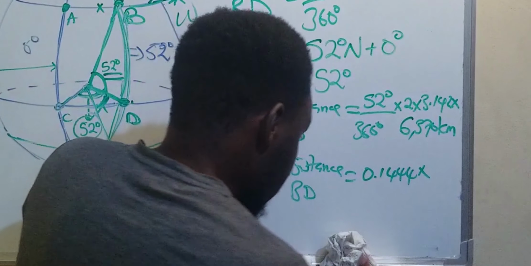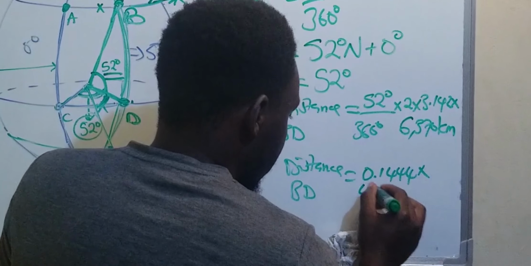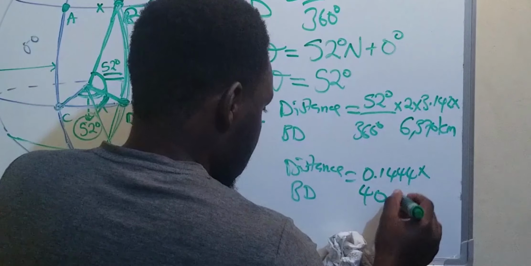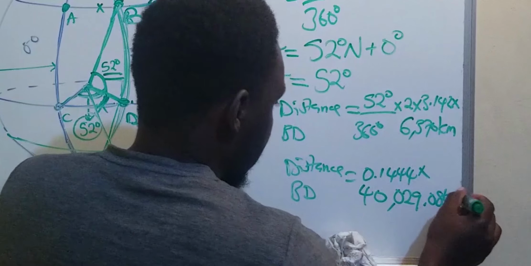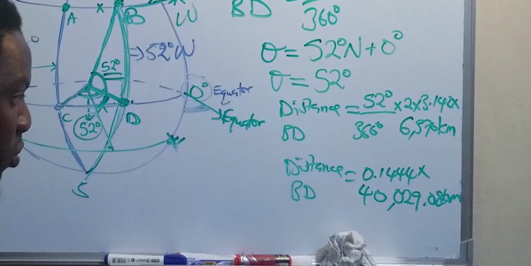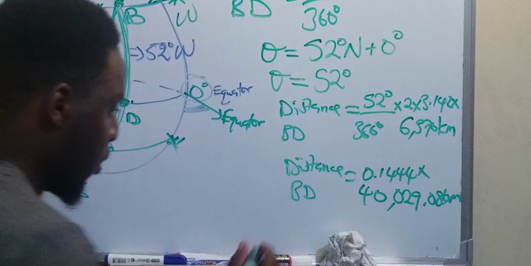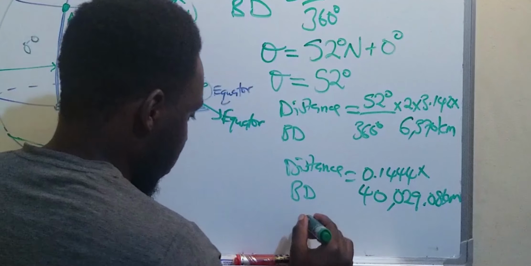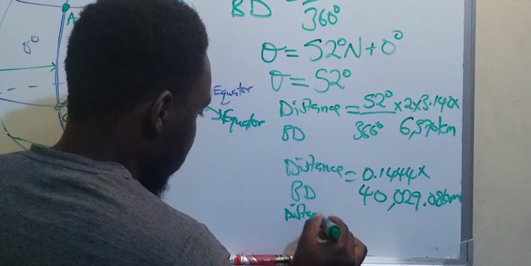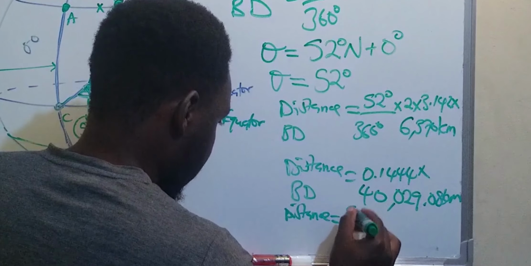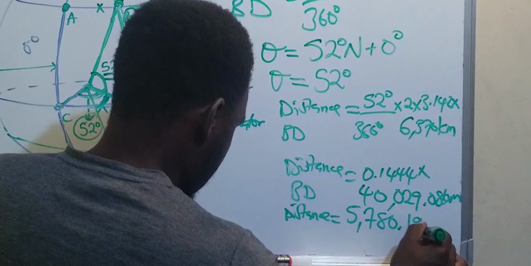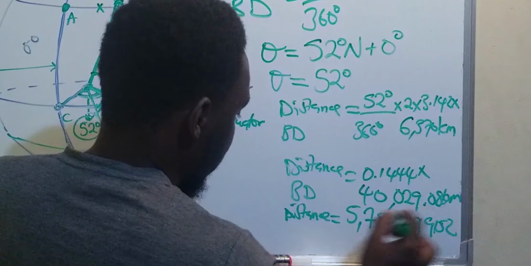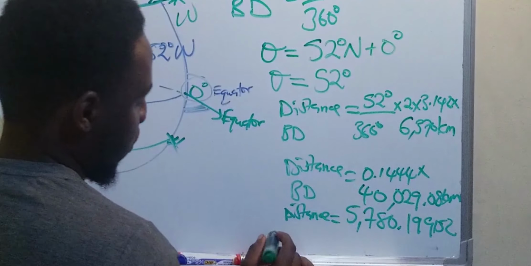You have 40,029.08 kilometers. This multiplied by 0.1444 to give us the distance, distance is equal to 5,780.199152.